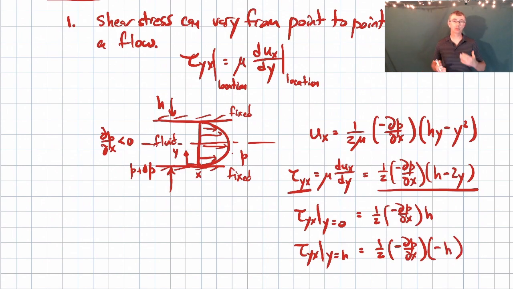Same magnitude, they're just in different directions because of the stress sign convention. On both plates, the plates are trying to hold back the fluid, or the fluid is trying to pull the plates along. That's kind of a more physical way to think about it.